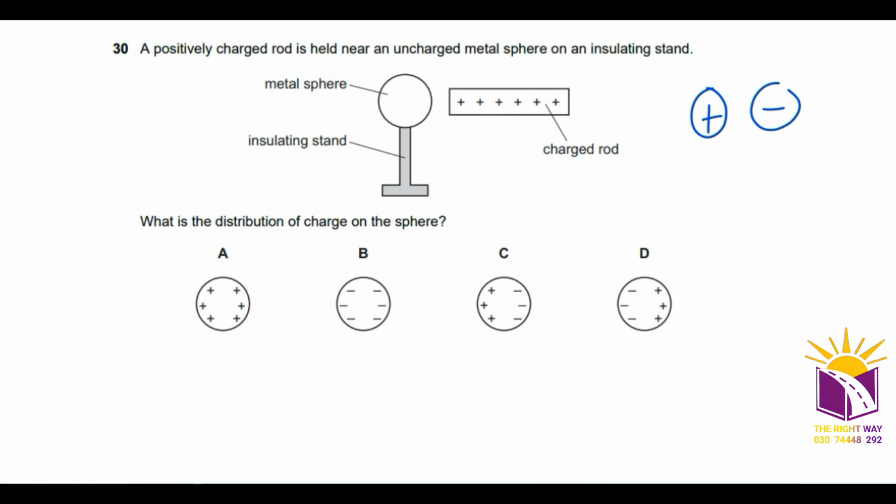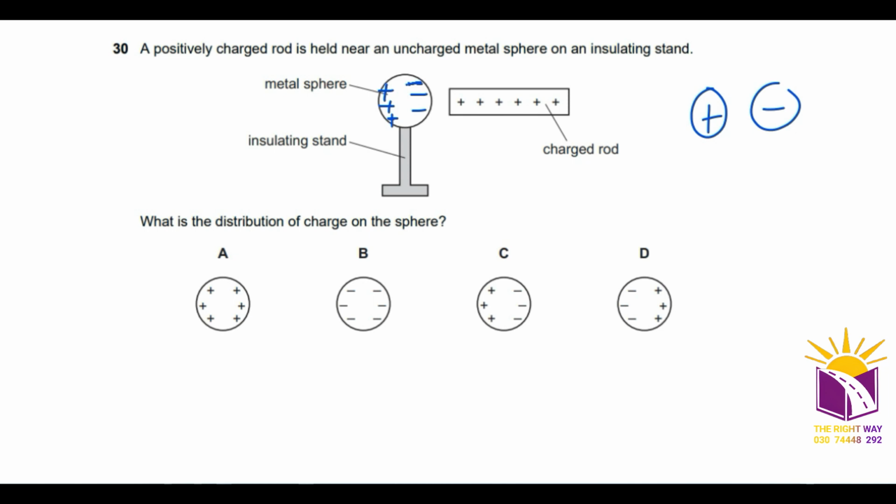So the negative charges, the electrons, move toward the surface of this sphere nearest the charged rod. What is left behind are the positive ions without electrons. So which one is the right option?